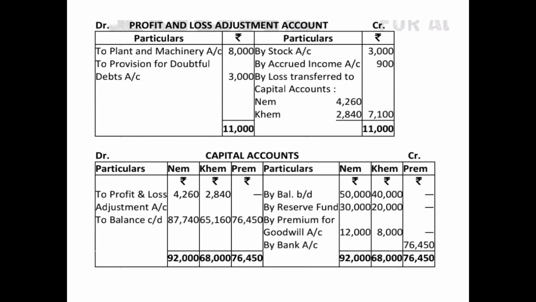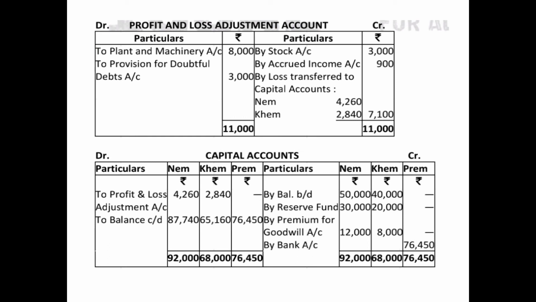Then on the debit side, we have given them the revaluation loss as we have calculated from the profit and loss adjustment account. Naman is getting 4,260 and Kalam is getting 2,840. Now all the adjustments we have posted. The only thing left is the proportionate capital of Prem.